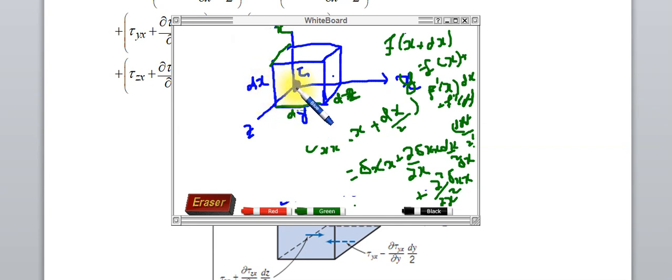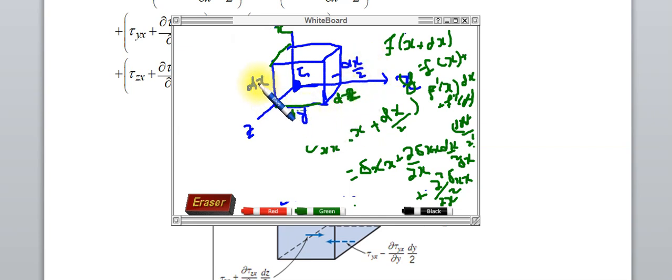We have considered the whole as dx, but actually this distance is dx by 2. For example, from here to here, this is dx by 2. The center is dx by 2, and this distance is also dx by 2. So dx by 2 plus dx by 2 becomes dx only.